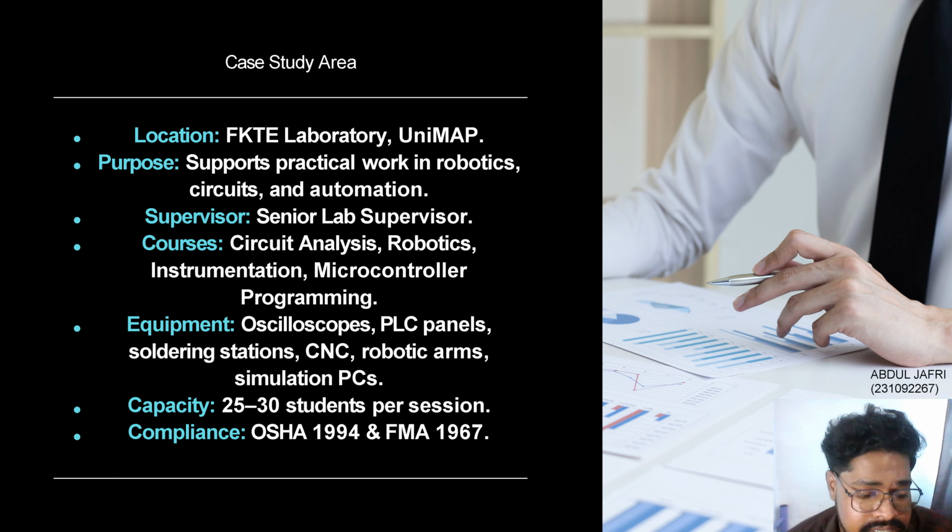So this case study focuses on the FKTE lab, which is designed for courses like electrical circuit analysis, robotics, and microcontroller programming. The lab holds up to 30 students and is equipped with machines such as oscilloscopes, PLCs, soldering stations, and robotic arms.